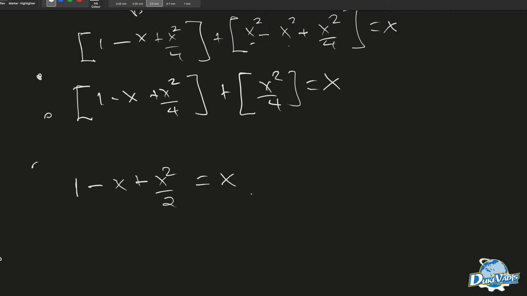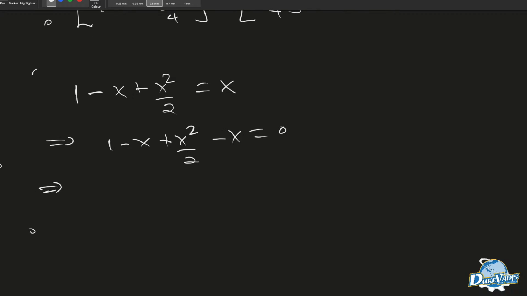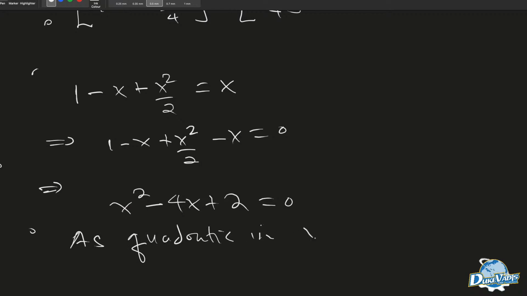Now we can break it down and say that 1 - x + x²/2 - x = 0. When you simplify it further, it becomes easier once again. So this one will give you x² - 4x + 2 = 0. So we say it is a quadratic in x.